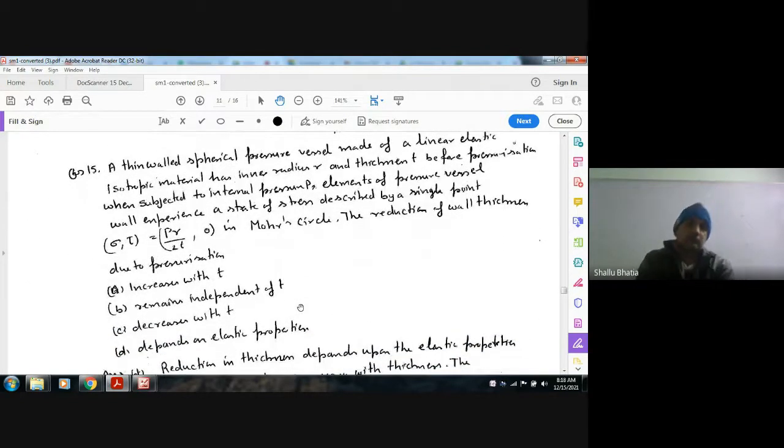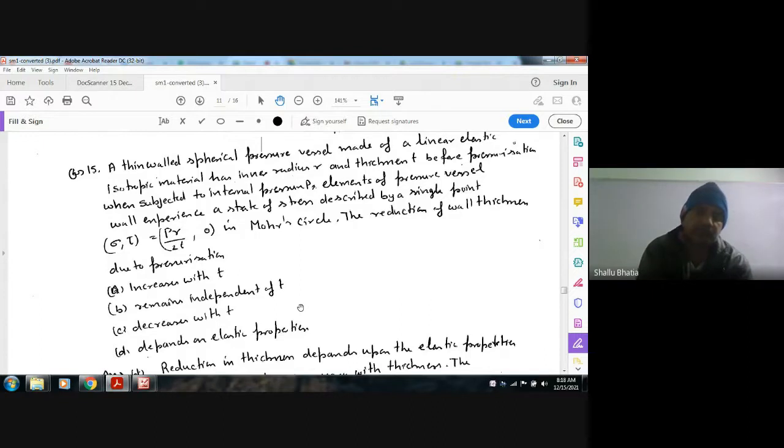Next. A thin-walled spherical vessel made of a linear elastic isotropic material has inner radius r and thickness t before pressurization.